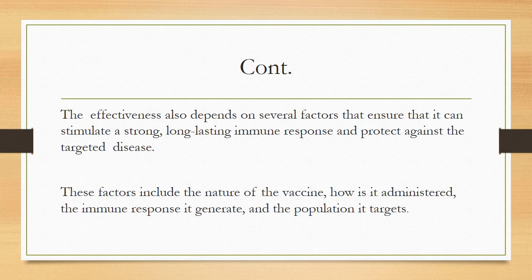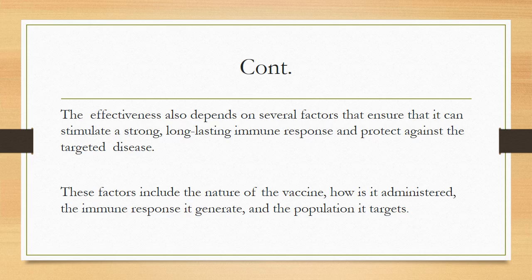The effectiveness also depends on several factors that ensure it can stimulate a strong, long-lasting immune response and protect against the targeted disease. Here are some factors that make a vaccine effective, including how the vaccine is administered, because we have seen the different routes of administration, like intravenous, intramucosal, and intradermal.